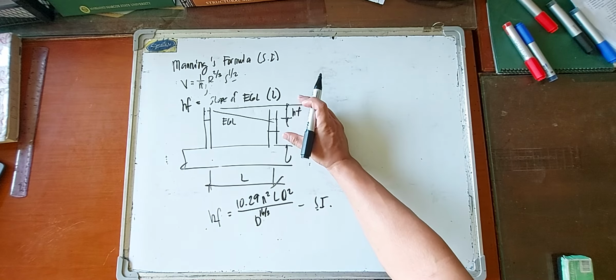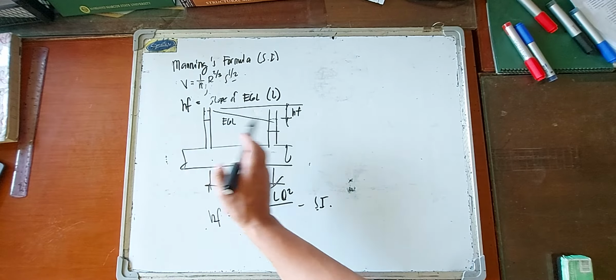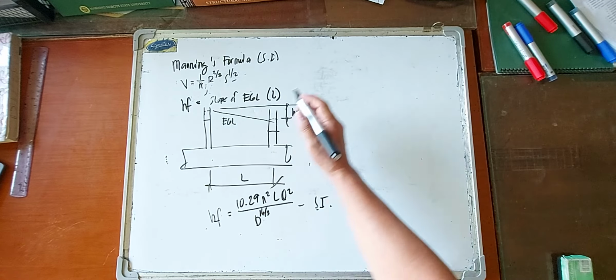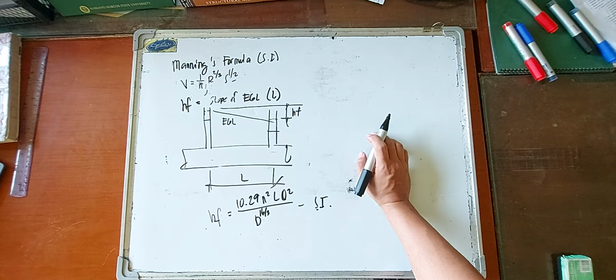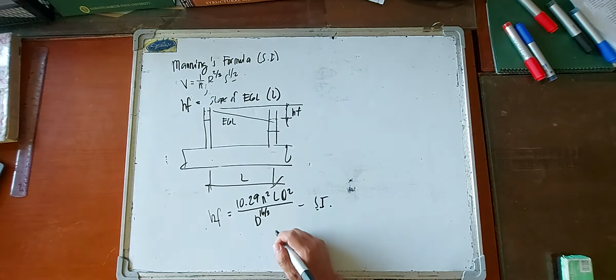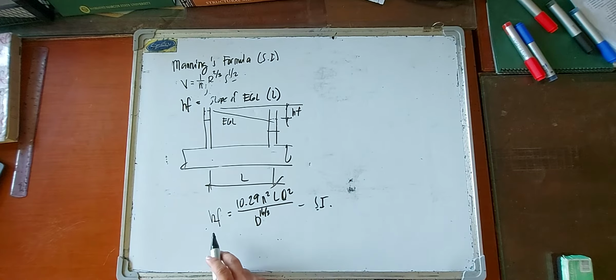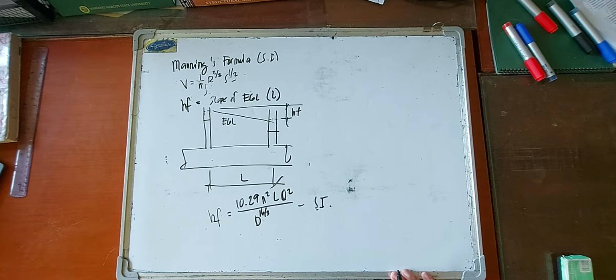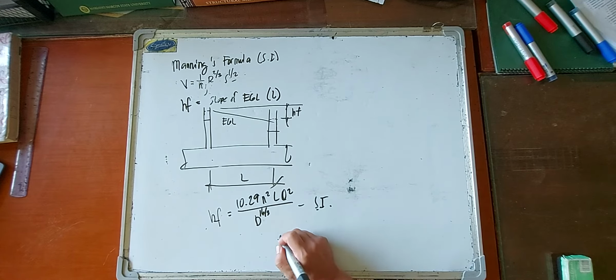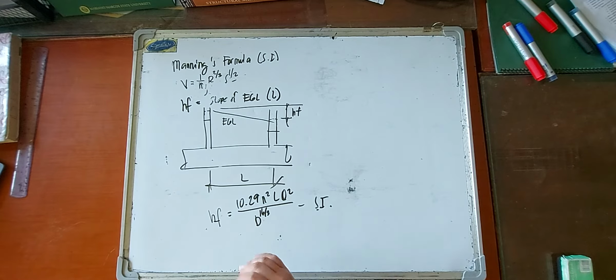Okay, so the difference in elevation between the energies in these 2 points is equal to the loss of energy due to friction. And with that we can solve or derive a formula for head loss in terms of the discharge in the system. Okay, so that's Manning's formula.